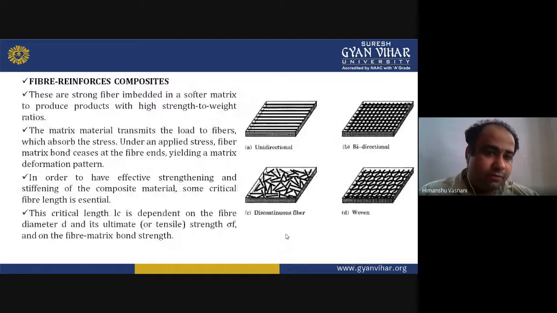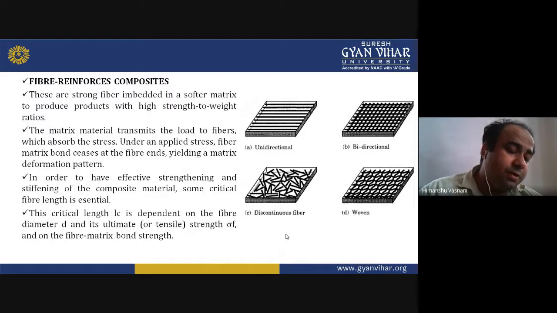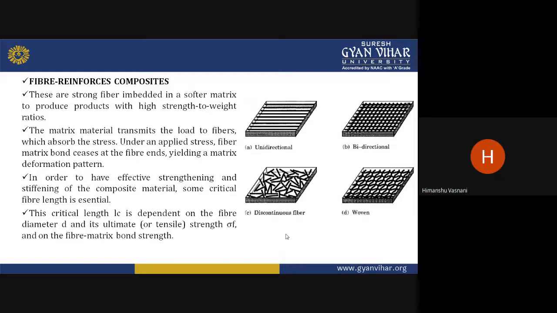Fiber reinforced composites are strong fibers embedded in a softer matrix to provide good strength to weight ratios. The matrix material transmits the load to the fibers, which absorb the stress.